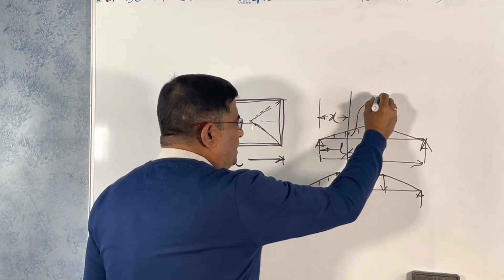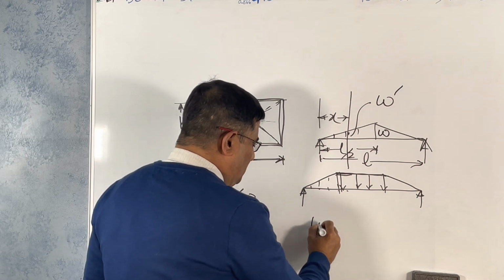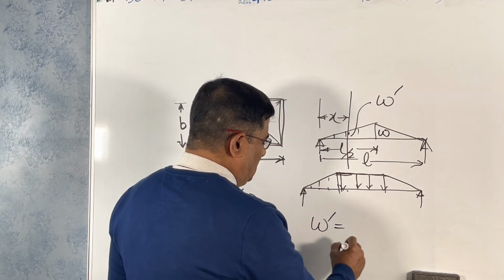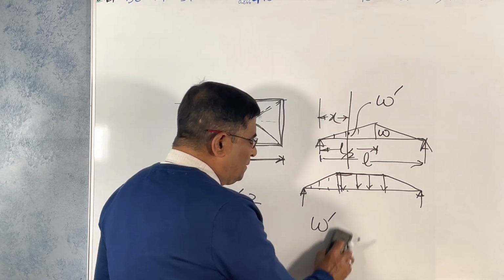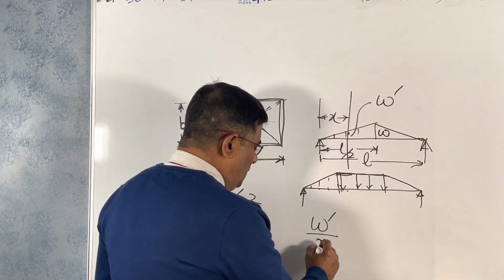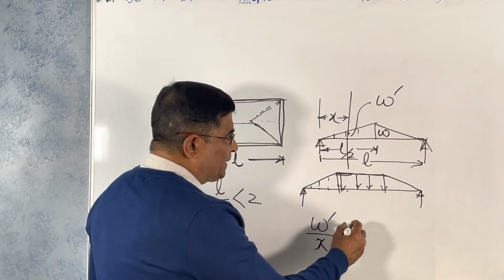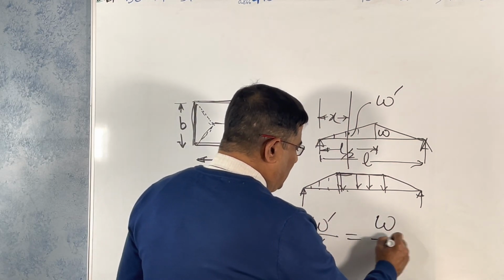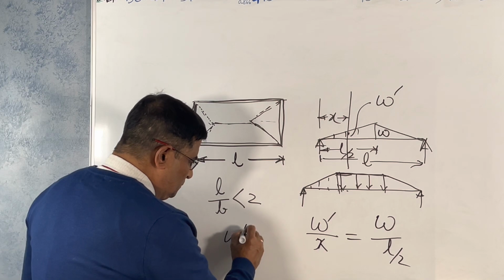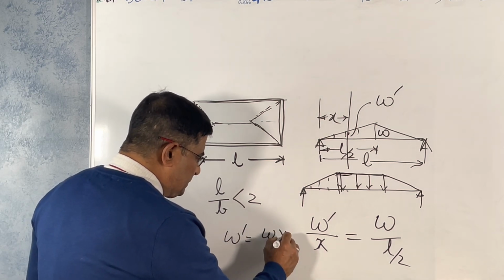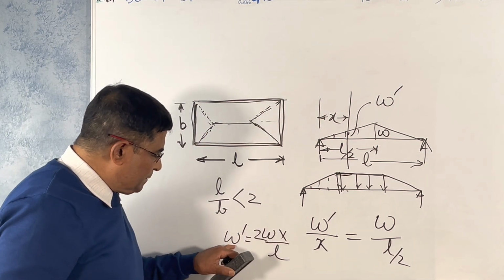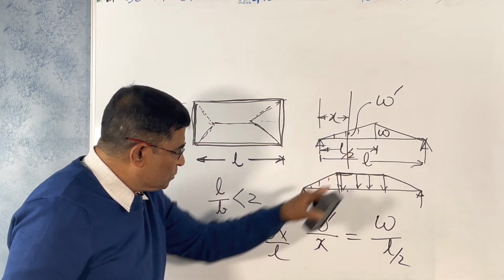If you call it W prime, from similar triangles, W prime over x equals W over L over 2. So W prime equals 2Wx over L. This is the value.